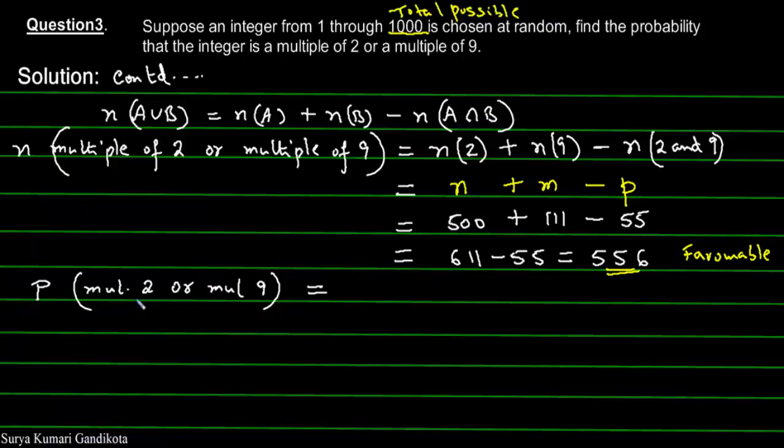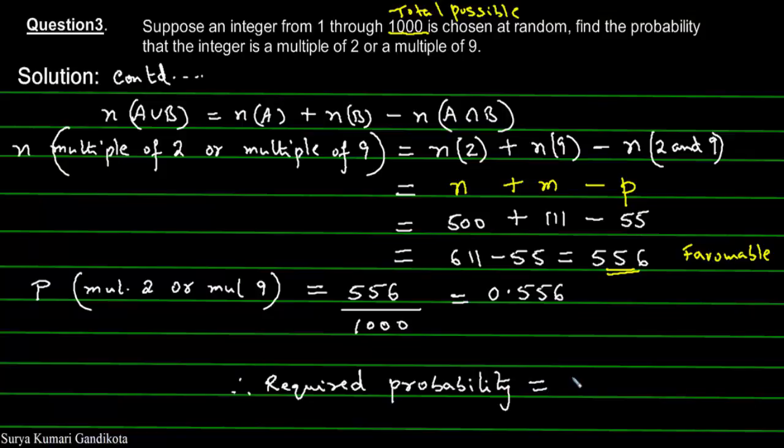Therefore, the probability is given by 556 upon 1000, which is equal to 0.556. Therefore, this is the required probability. The required probability is equal to 0.556, and this is our answer.